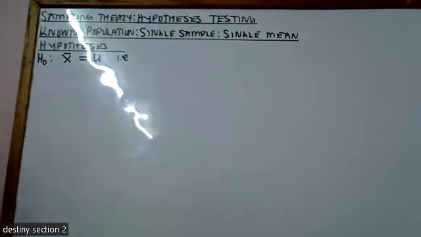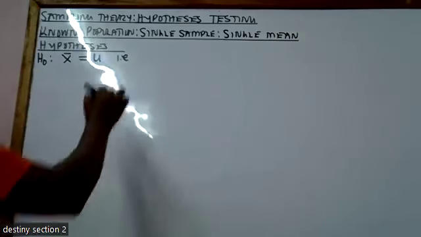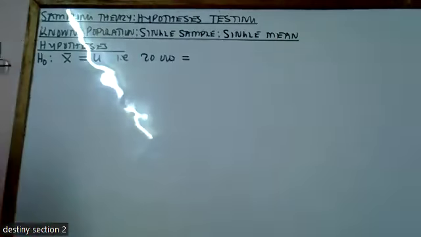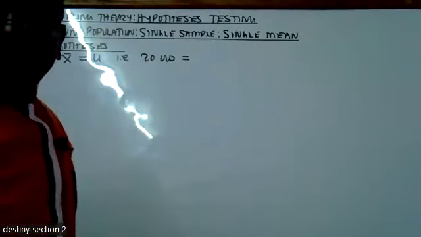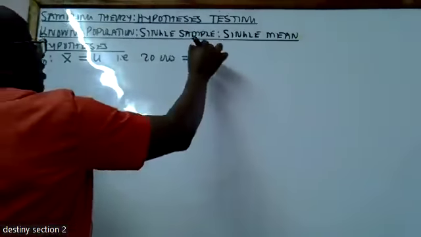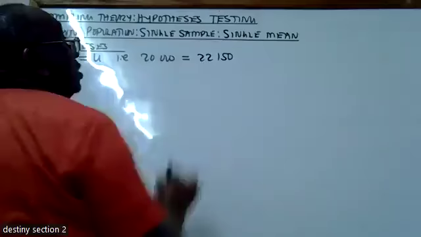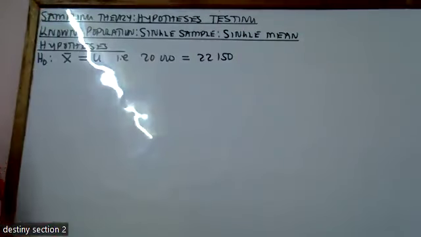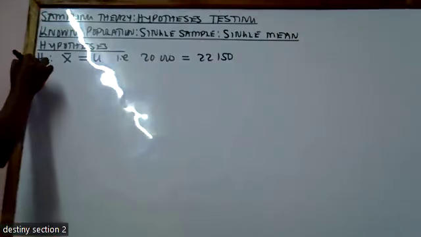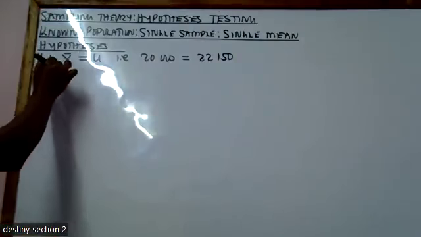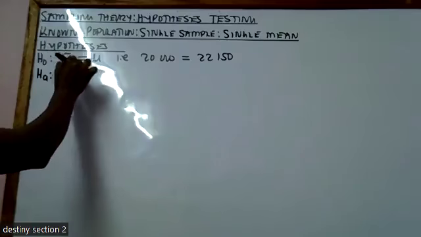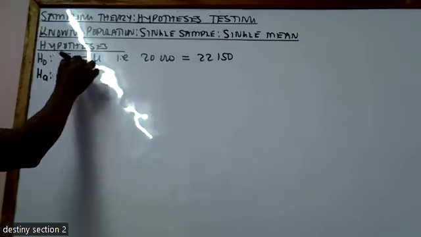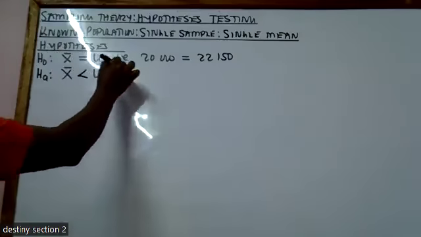That is, this sample was found with 20,000. So 20,000 is the same as 22,150. The alternative hypothesis, HA, is that X bar is not equal, or is less. We can say it's less than mu.